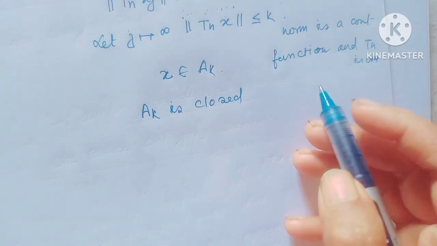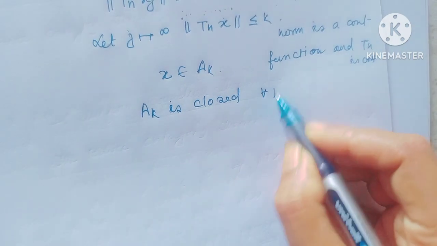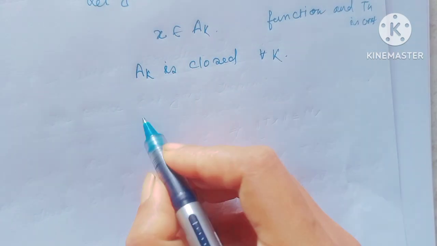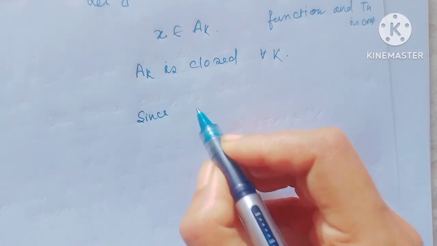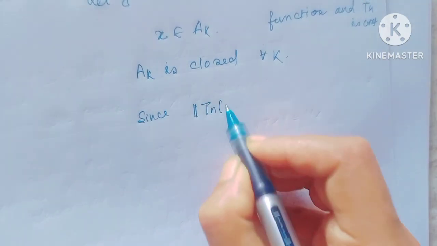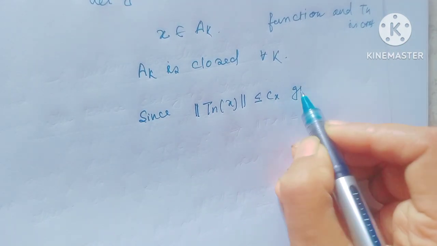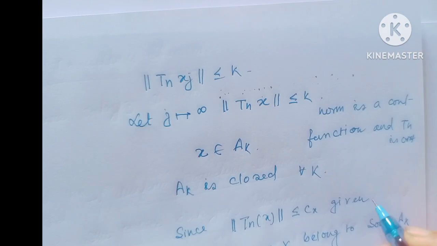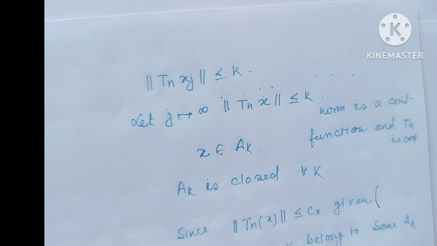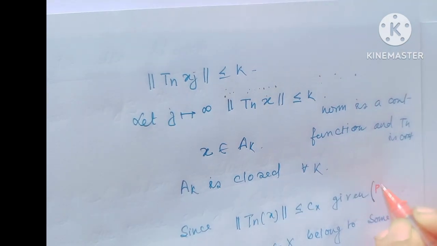That means Ak is closed for all k, and since norm Tn x is less than or equal to Cx, this is given, because this is the pointwise boundedness.